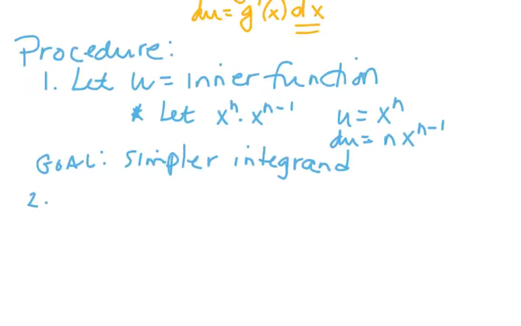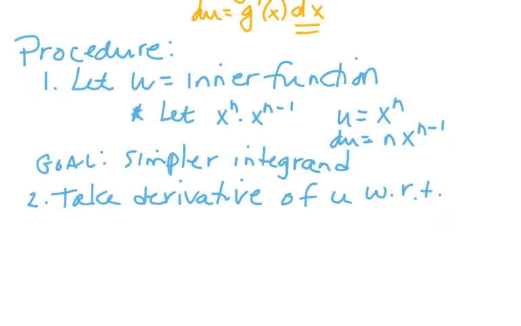All right, so that first big step is choosing u. The second step is just taking the derivative of u with respect to x. So find du. And don't forget that dx, right? So you're finding du. Your third step in the procedure is going to be algebraically to solve for du.